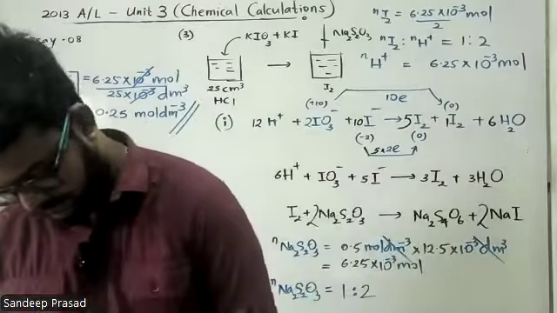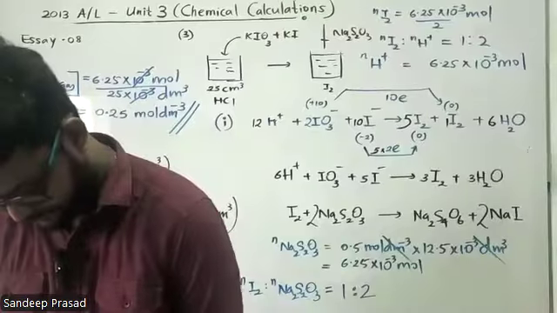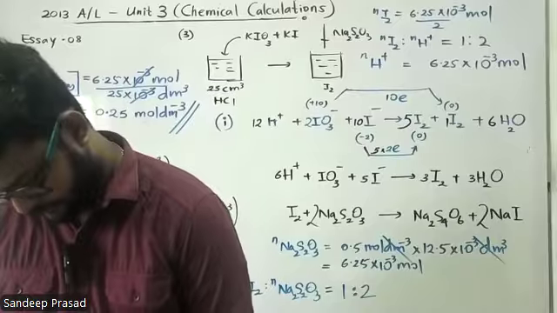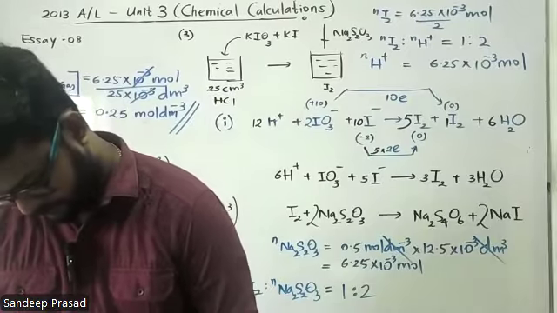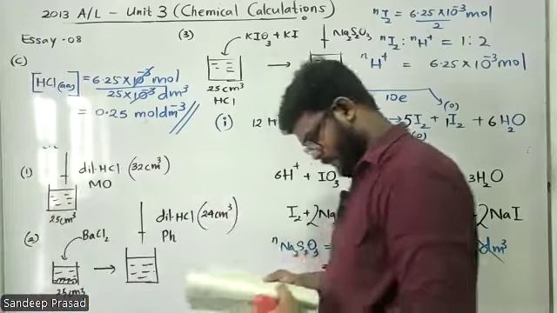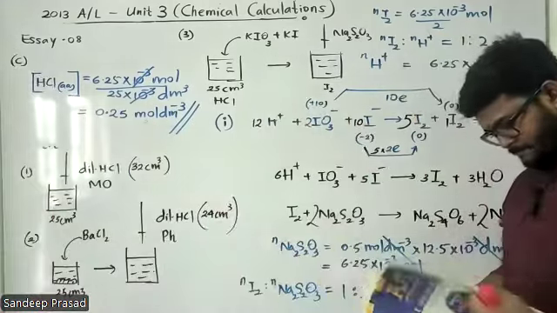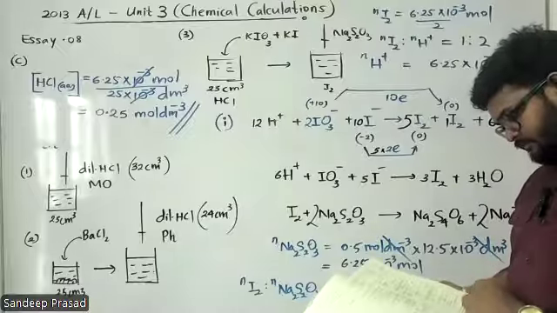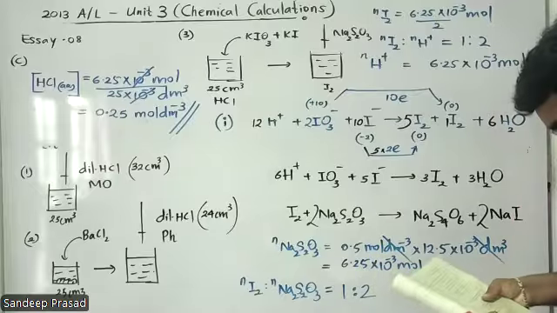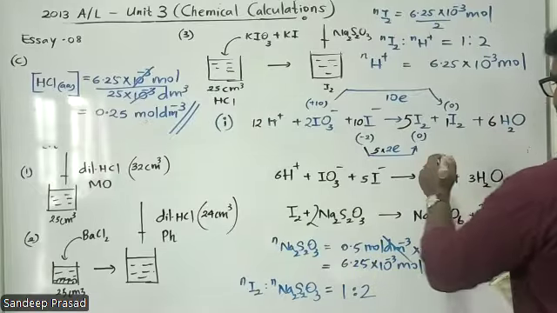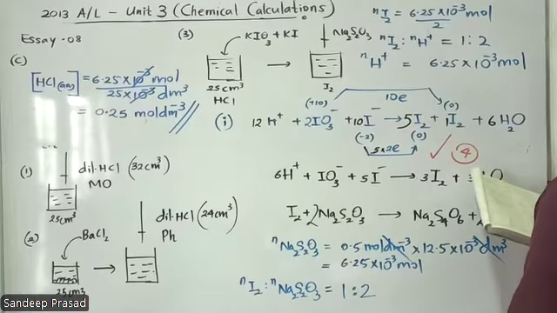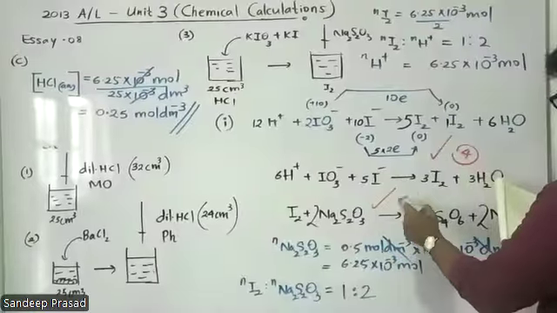So let's see how they have allocated the marks. For this balanced reaction, they have given 4 marks. For this iodine thiosulfate reaction, they have given only 2 marks.